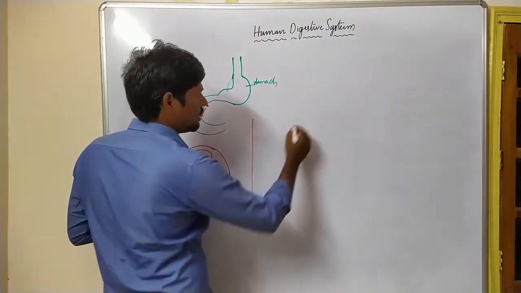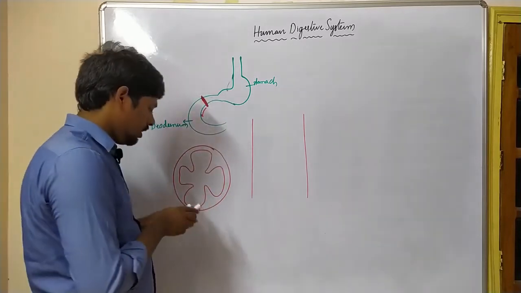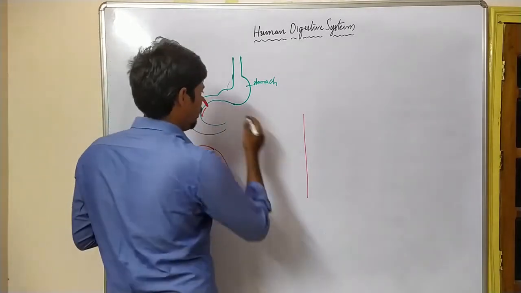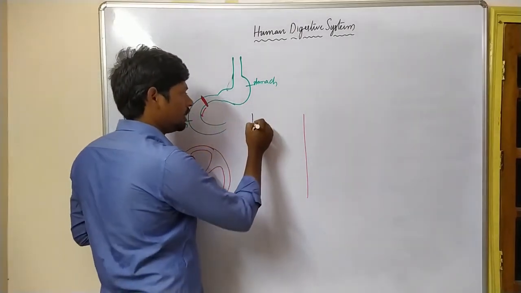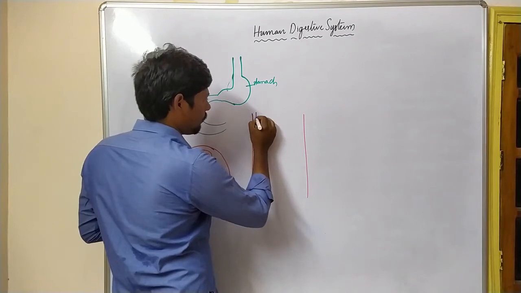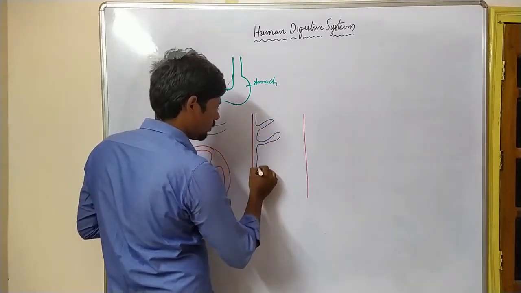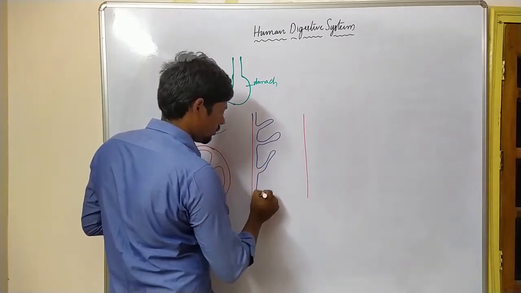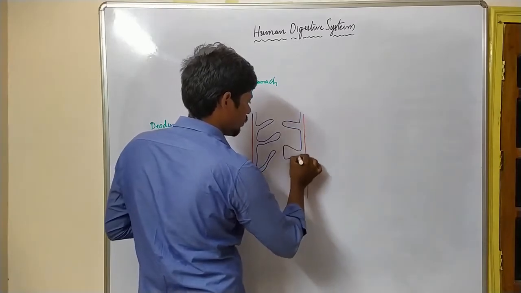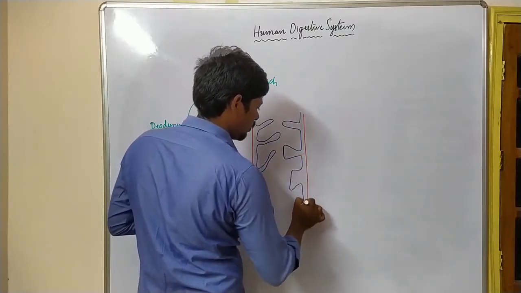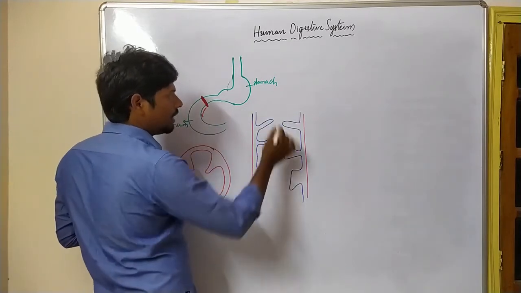See here, I am going to draw. If you take a transverse section of the small intestine, especially the duodenum and other parts, it looks like this one. So these are the foldings of the small intestine internal structure.